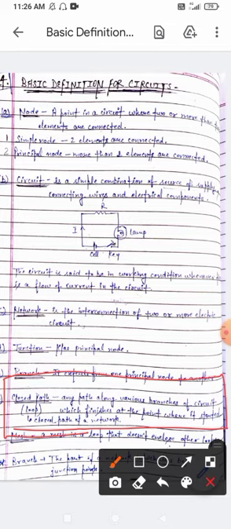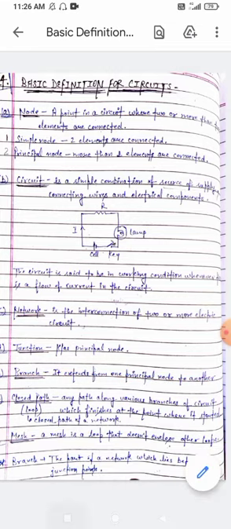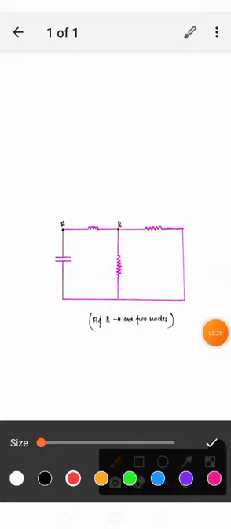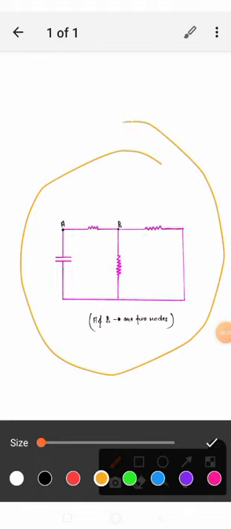It means any path along which various branches of circuits are coming. Let us explain with an example. See, here I have a diagram.